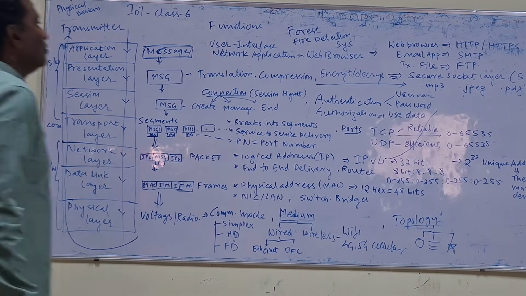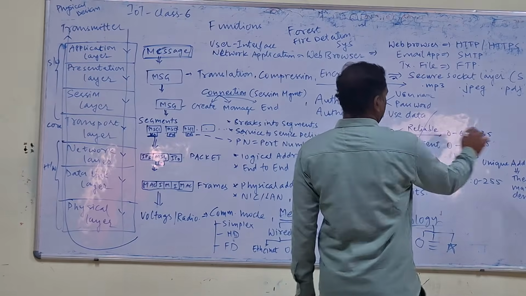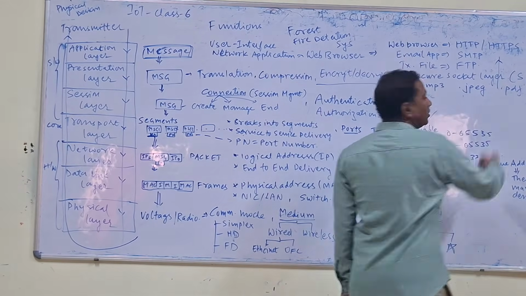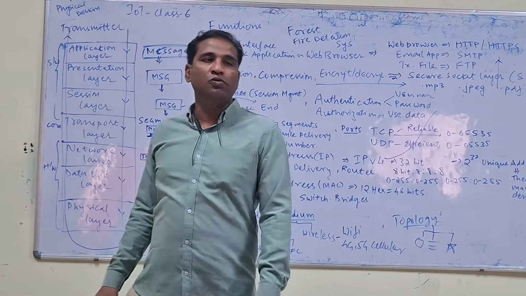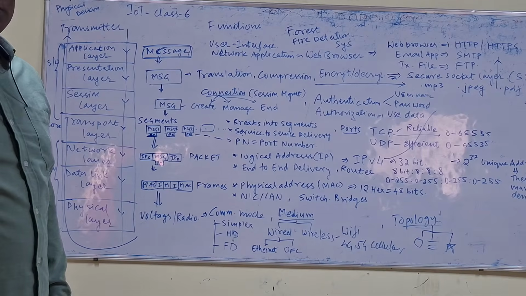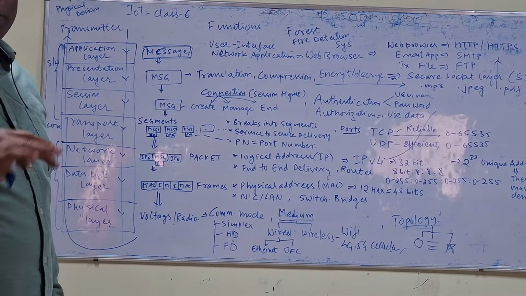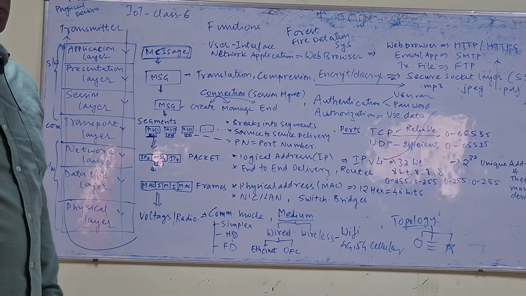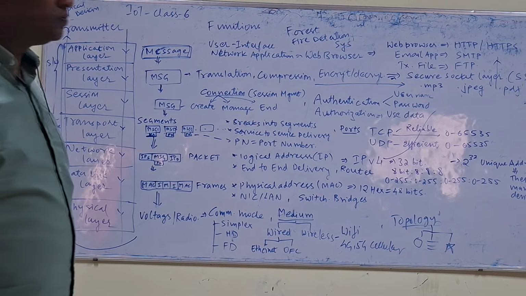Then on the receiver side, when this moves up, you will decide which application to open it with. If it is an .mp3 file, you will open it with an mp3 player. If it is a .pdf file, you will open it with an Adobe application. Clear?